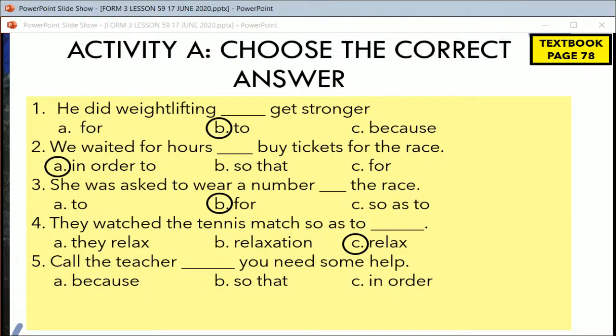Right. Yes. So what would the answer be? I have someone like the fallen say in order. Call the teacher in order you need some help. Do you think the sentence sounds correct? In order you need to have what? Remember we did the clauses of purpose on page 78, learning focus. In order to. You cannot have in order without to. Alright?